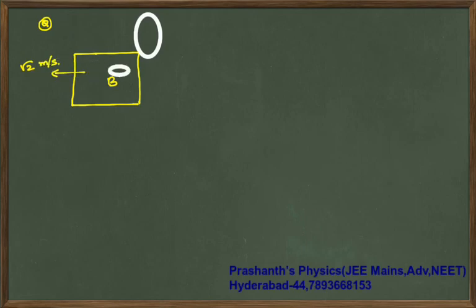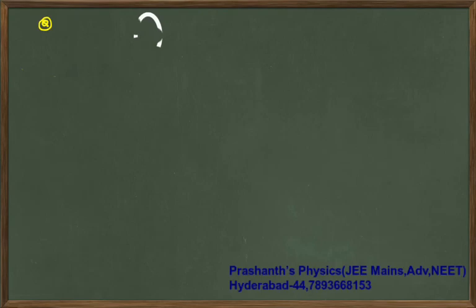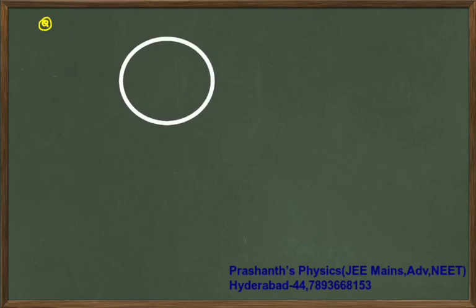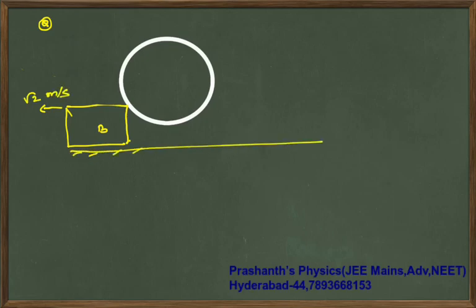Allow me to redraw it. You have the surface like this, then you have a block B with root 2 meters per second going this way, on a smooth surface. There is block A like this.